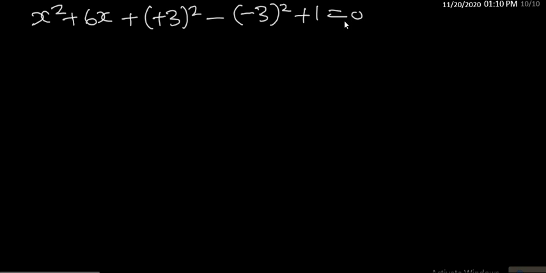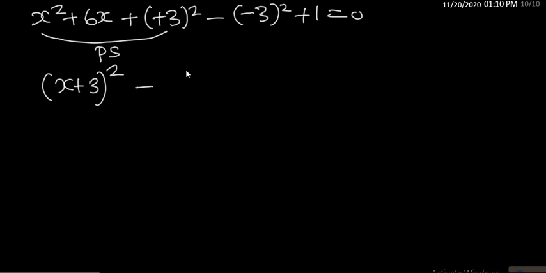So that is it, guys. Then we have a perfect square now, so we factorize it. We can combine into the bracket x plus 3 squared, because if we expand x plus 3 squared, we will have x squared plus 6x plus 3 squared. So minus 3 squared is 9, plus 1 equals to 0.